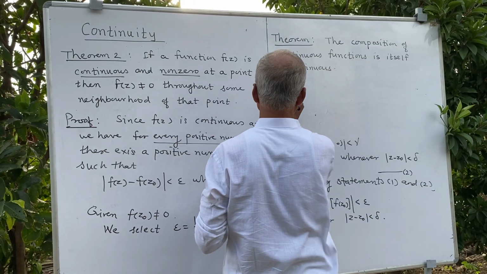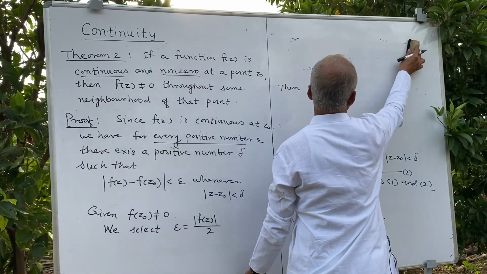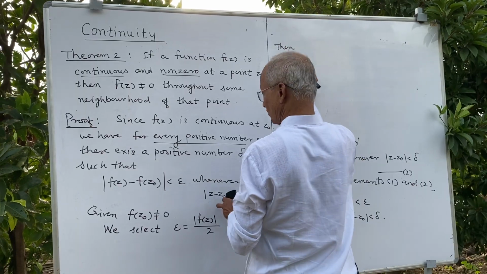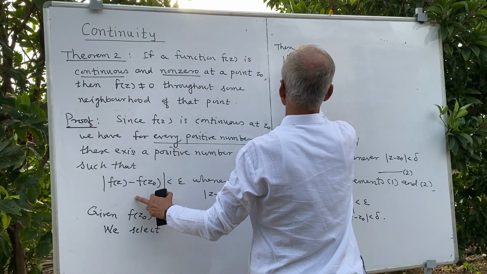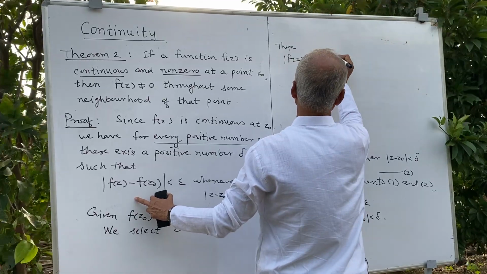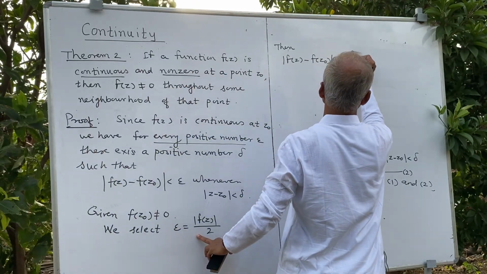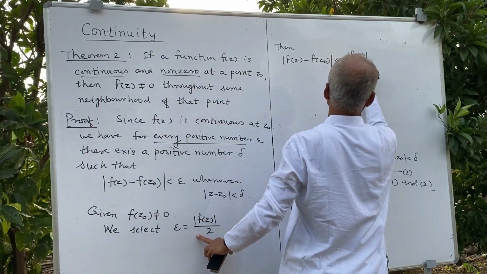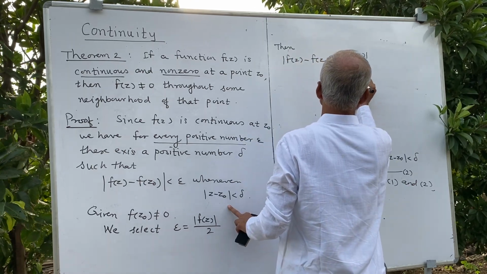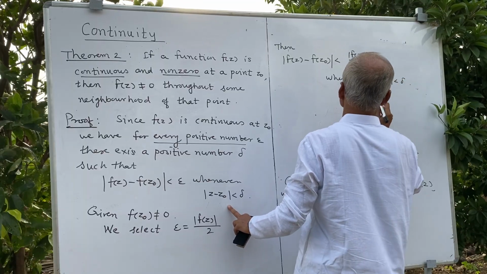So, this is the earlier definition we have used. Then mod of f of z minus f of z naught is less than epsilon, that is mod f of z naught divided by 2, whenever mod z minus z naught is less than delta.